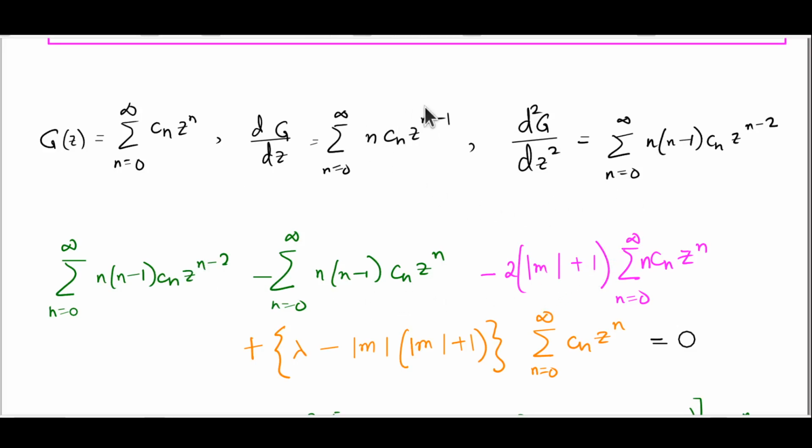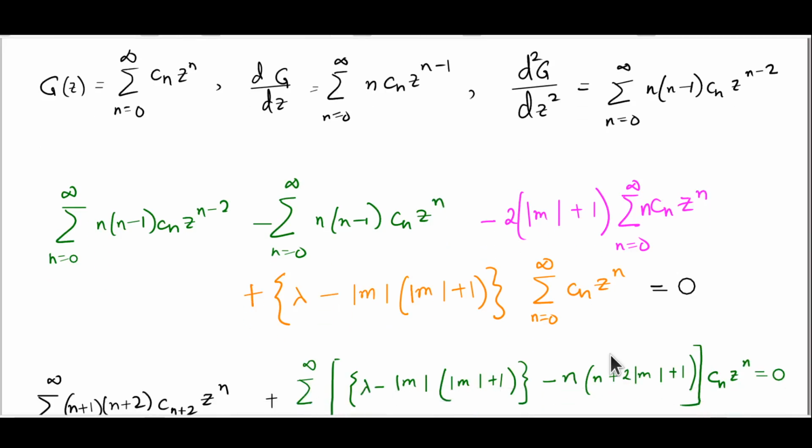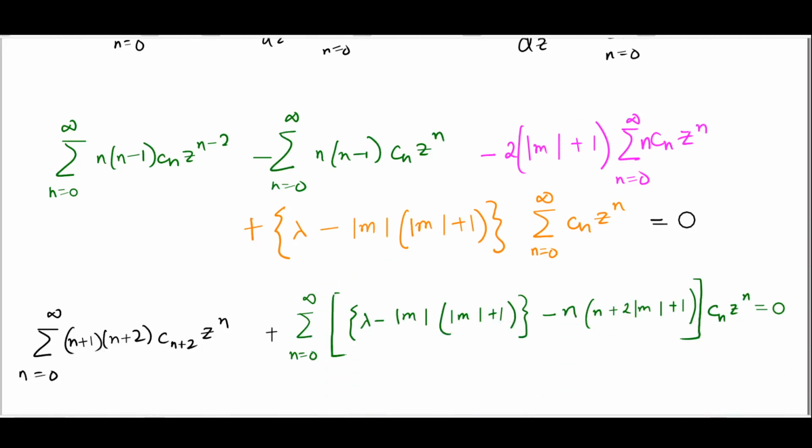When you multiply dg/dz by a z, you get this power series, and the twice mod m plus 1 is the extra factor in front, and finally the g times this factor simply gives you this. So when you collect everything together, you get one piece with z to the n minus 2, and all the other three have z to the n.